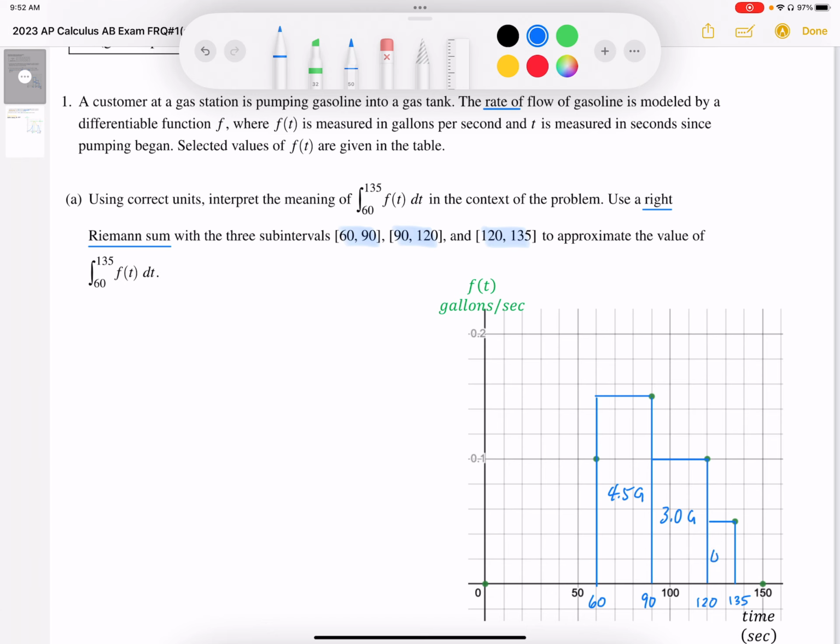So we end up with 0.75 gallons. The sum of this integral under the f of t graph is going to be equal to 8.25, and the units of measurement are gallons.